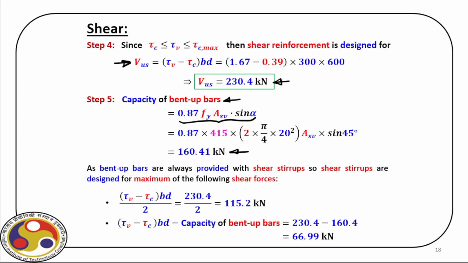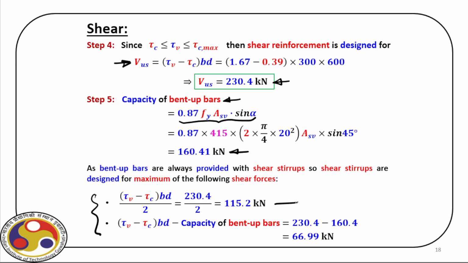Now, even if we have bent up bars, we always provide bent up bars with shear stirrups. So shear stirrups are designed for maximum of the following shear forces, right? So we have these two cases, and the maximum of that we actually take.